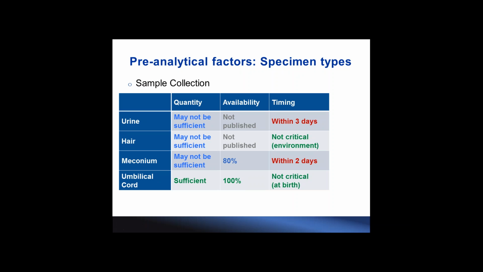In terms of timing, besides the detection window, we need to collect the urine within 3 days. The timing may be sensitive for meconium, I'm sorry, because after 2 days, we may start collecting meconium that is formed after the baby was born.